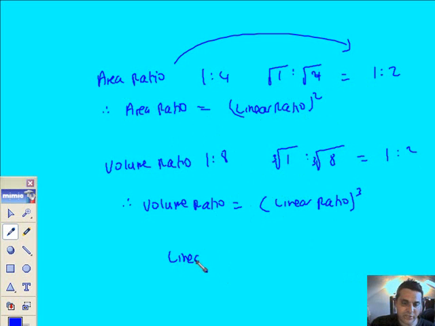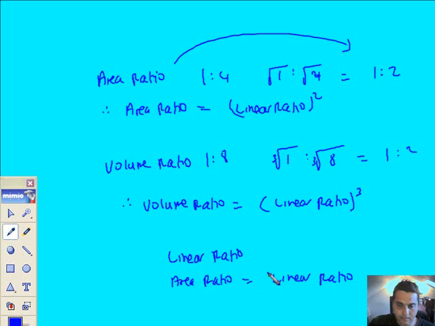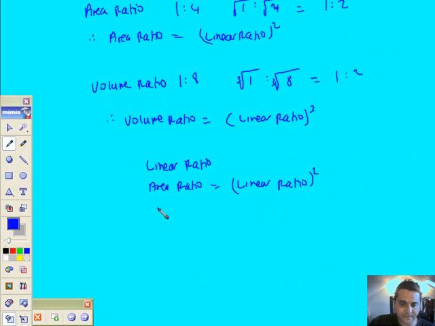Okay, so let's just recap then. We have linear ratio, we have area ratio, which is the linear one that's been squared, and the volume ratio is the linear ratio that's been cubed.